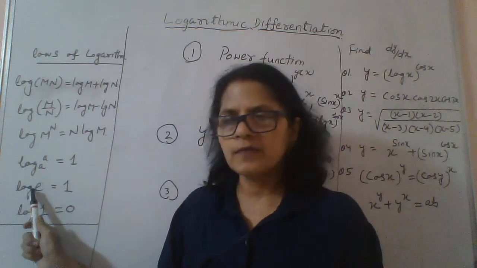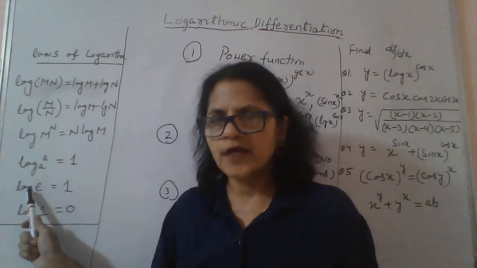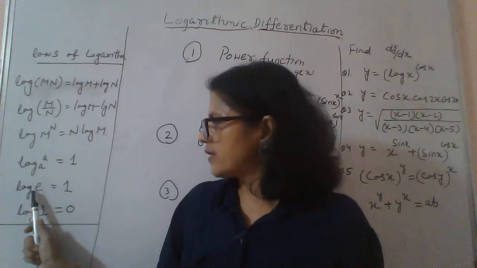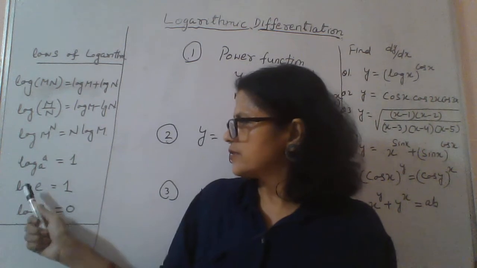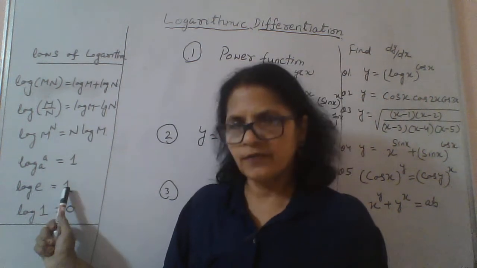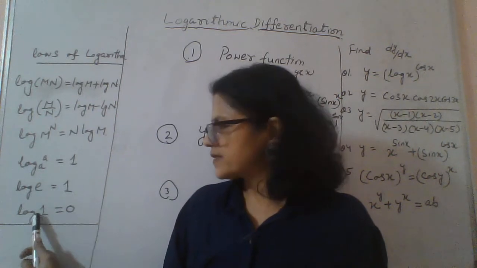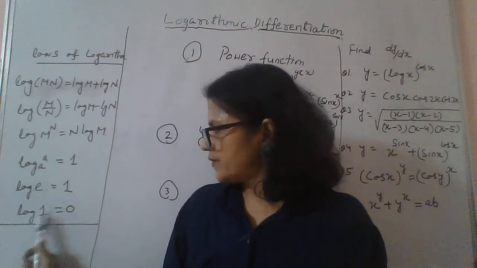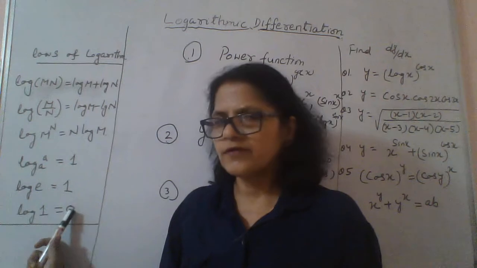Here I have not mentioned any base. It means I am considering natural logarithm in all the cases. So natural logarithm means base e. So log e base e equals 1. Log 1 equals 0. The base can be any number greater than 0, and something to the power 0 equals 1, so log 1 equals 0.